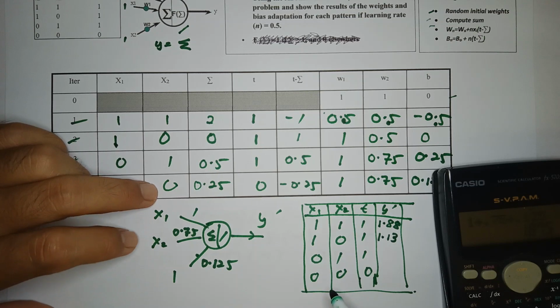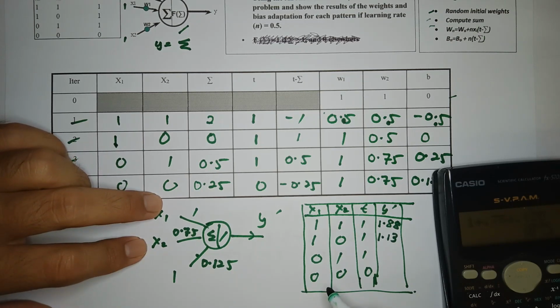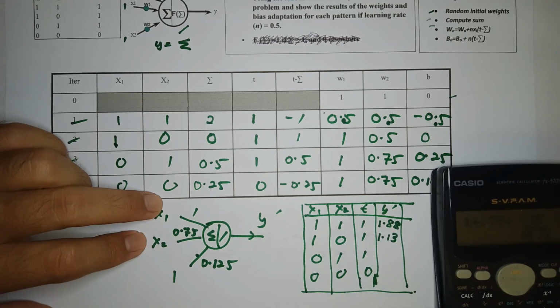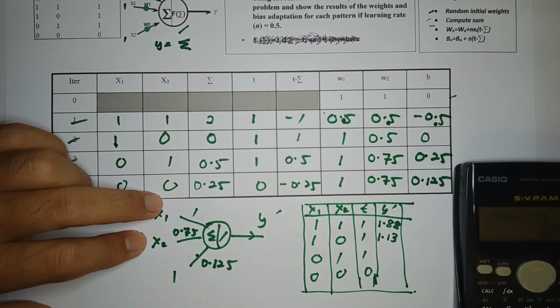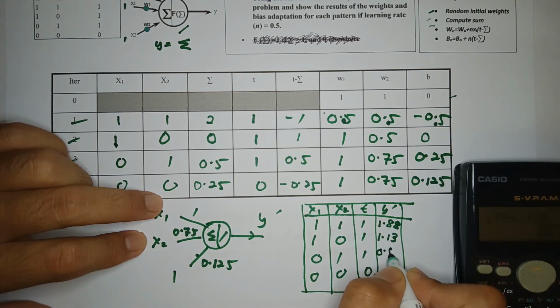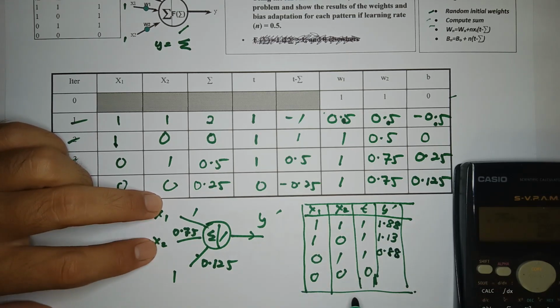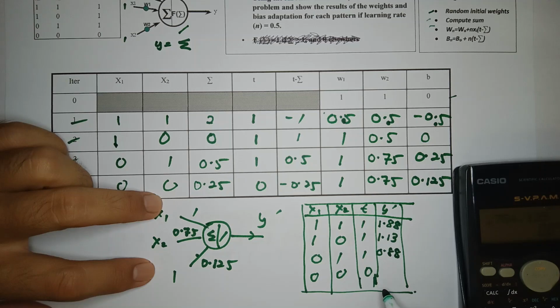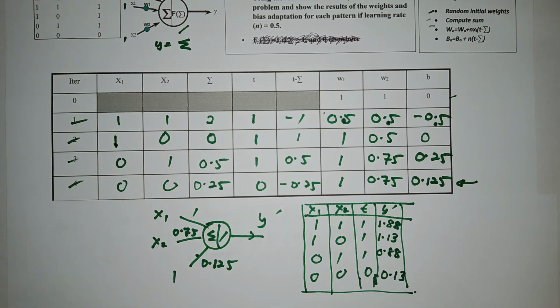The next part is x1 0, x2 1. In this case, 0.75 plus 0.125, which is 0.88. And then the next part will be 0 0, so you have here 0.13. Okay, so this is the calculated output.